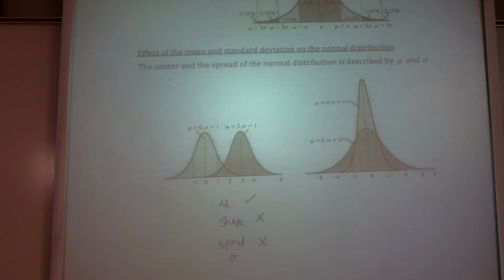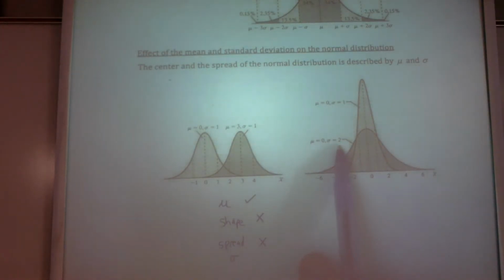Now, let's look at this other one. This one was centered at 0 for both. However, for the higher one, the standard deviation is 1, and for the lower one, the standard deviation is 2. What that means is when we look at our numbers 68, 95, 99.7, for this one, 68% is within 1 to negative 1, 95 is within 2 to negative 2, and 99.7 is within 3 to negative 3, because the standard deviation is 1.